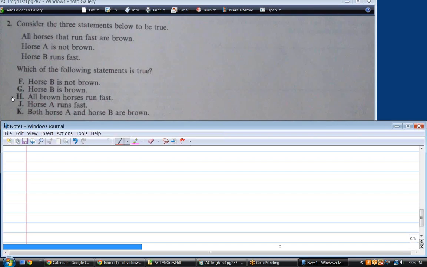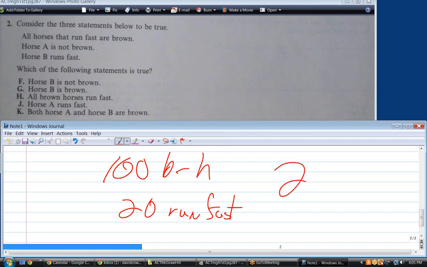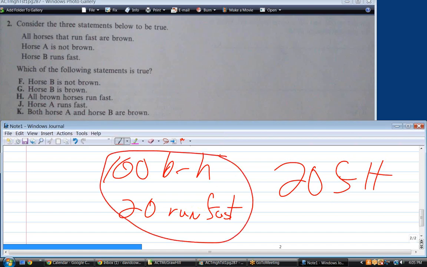Now, that's a little different than H. Notice that H says all brown horses run fast, which is not what that says. That says all horses that run fast are brown. You could have 100 brown horses and only 20 of them run fast, but you might only have 20 fast horses, and they're these 20. So it would be incorrect to say that all brown horses run fast, which is what H says. Okay. But since horse B runs fast, he has to be brown.